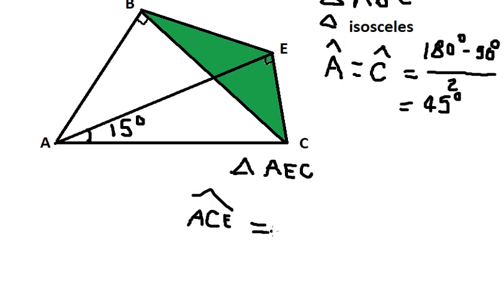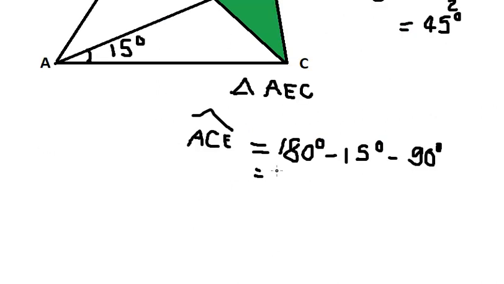So we have 180 degrees minus 15 degrees, minus 90 degrees, and we got 75 degrees.